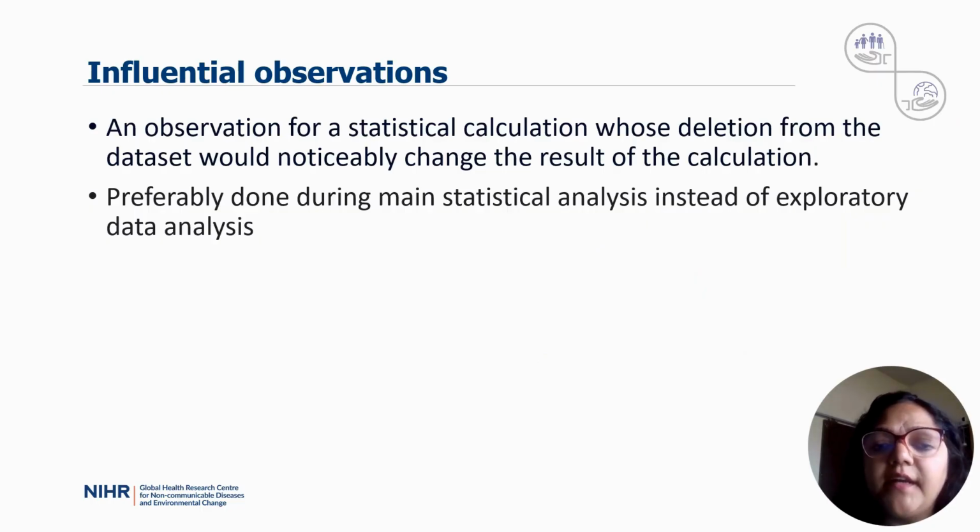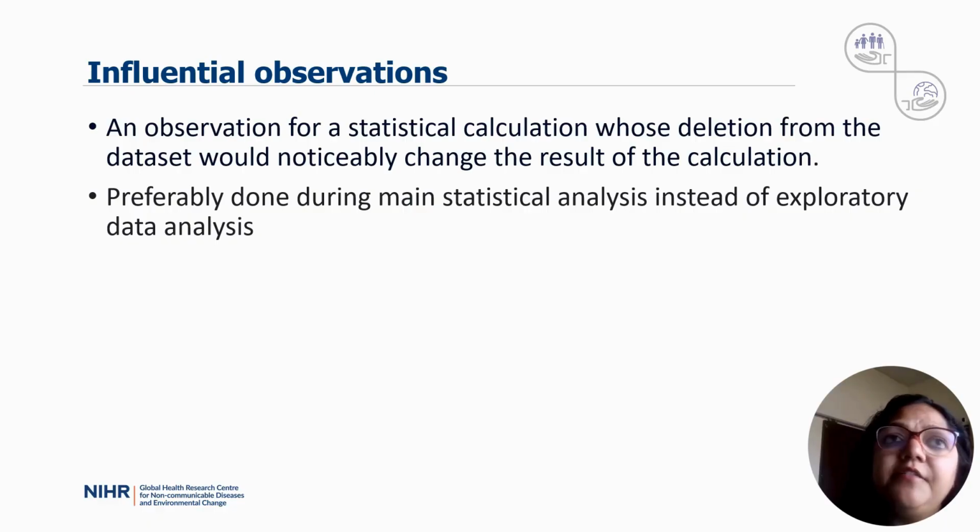Not all outliers that we identify may need to be removed from the dataset. Outliers whose deletion from the dataset would substantially change the results of our statistical calculations are called influential observations.